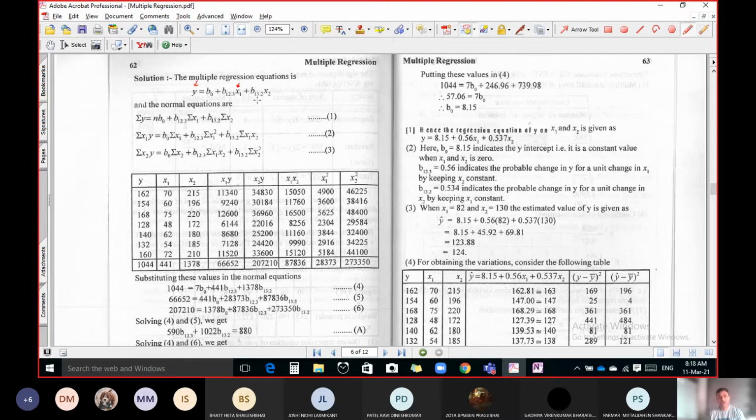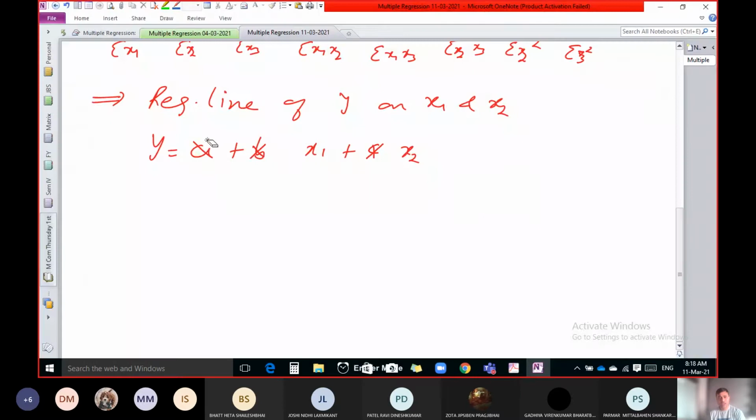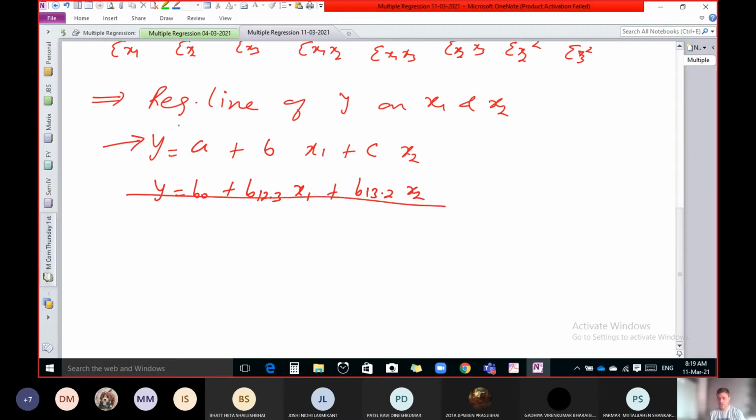And b13.2 is the regression coefficient between y and x2 keeping x1 constant. So if you get confused in that, you can use the a, b, c symbols, no problem at all, even in exam. Otherwise it's better to use b0, then b12.3 x1 and b13.2 x2. But instead of this, in exam if you write a, b, c, even then it's okay.